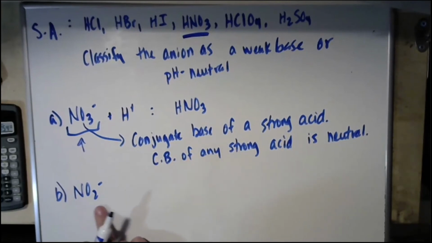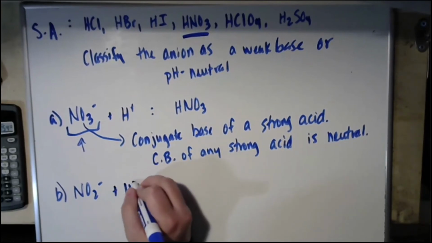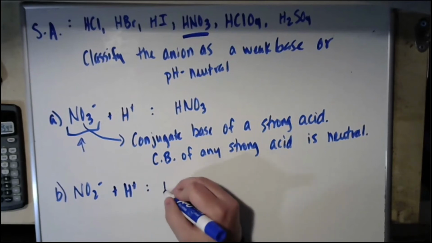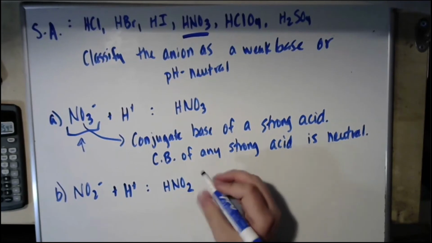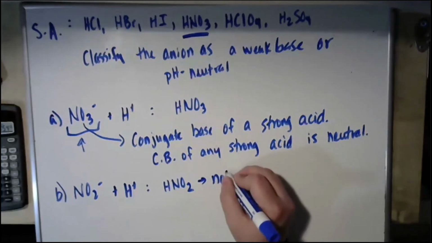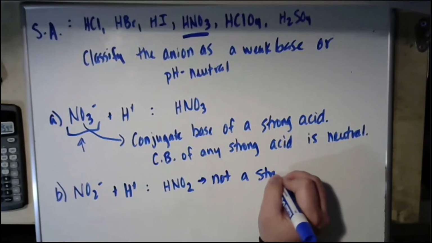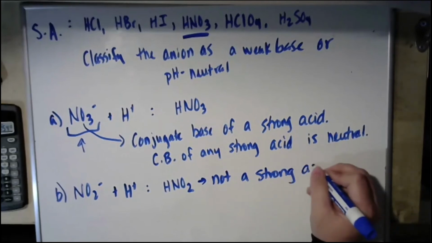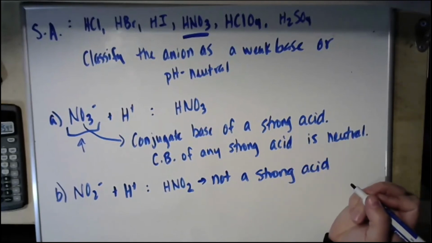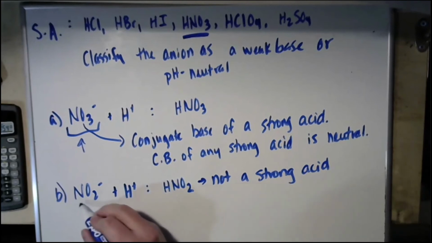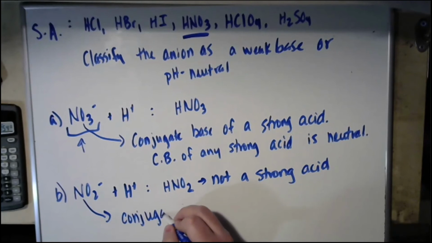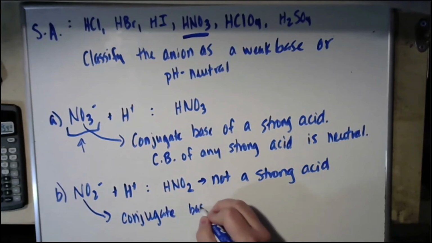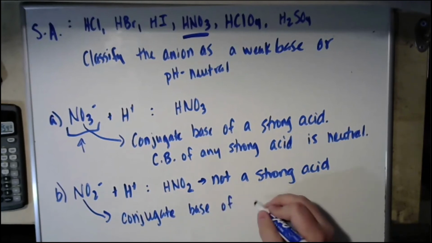So our NO2 minus, if we added a proton to that, is going to form HNO2. This is not a strong acid. That means that NO2 minus is the conjugate base of a weak acid.